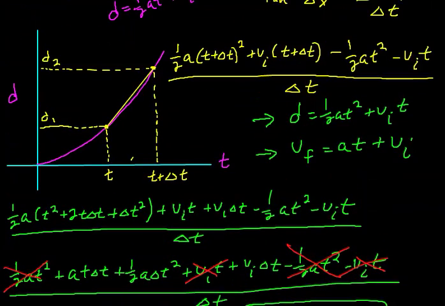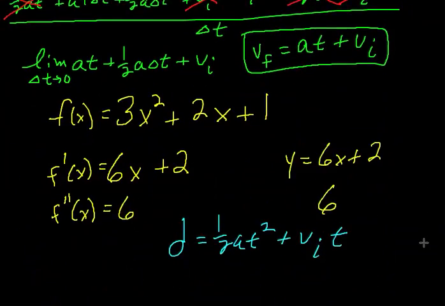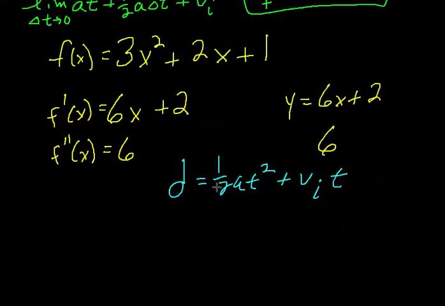We were trying to figure out what is the slope of a line tangent to one of the points on this particular curve. If I know the function, I can do this really easily in just 2 steps. If I know this function, I want to figure out what is the slope of the line tangent to the curve because I know that's going to be velocity. So this is f of x here, and then f prime of x is going to be velocity.